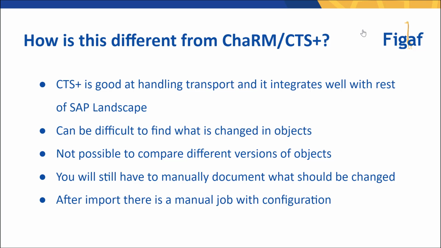It's not possible to compare objects, so once you're doing the import or before, you don't really know if the developer has done the right job, what's going on with the version, the objects, and you still have to do a lot of manual work to configure these things. And after, it's a manual job to configure these things. So all of this is the automated part that this tool brings to the delivery process.